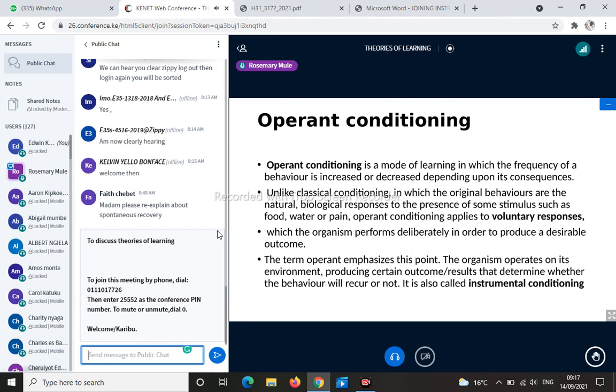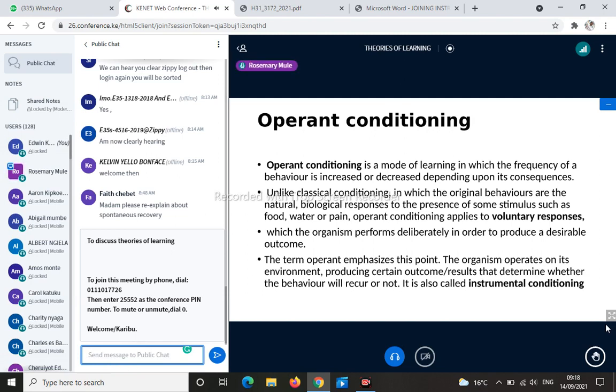So the second theory in terms of conditioning theories is what we call operant conditioning. What we have discussed earlier on was classical conditioning. So what is this second theory, and where is the emphasis in this theory of operant conditioning?